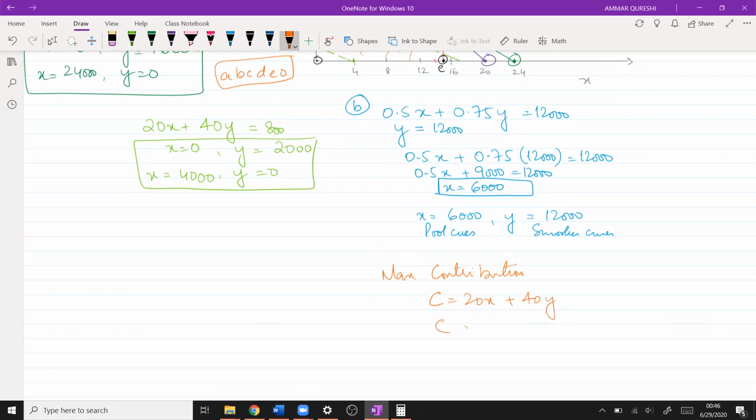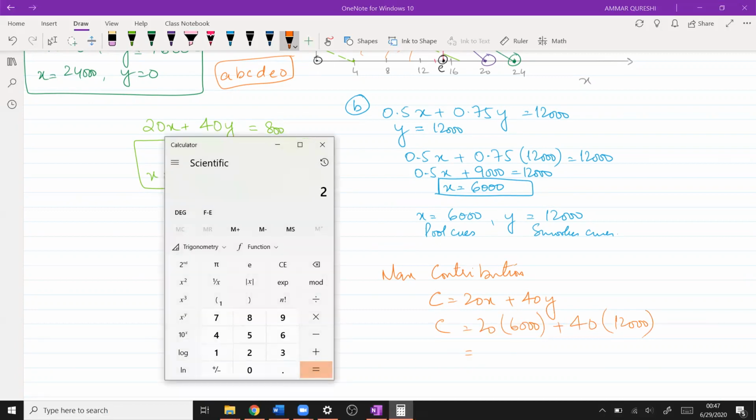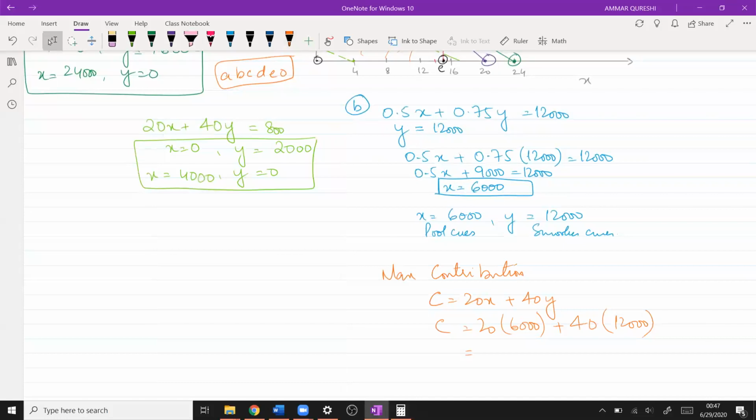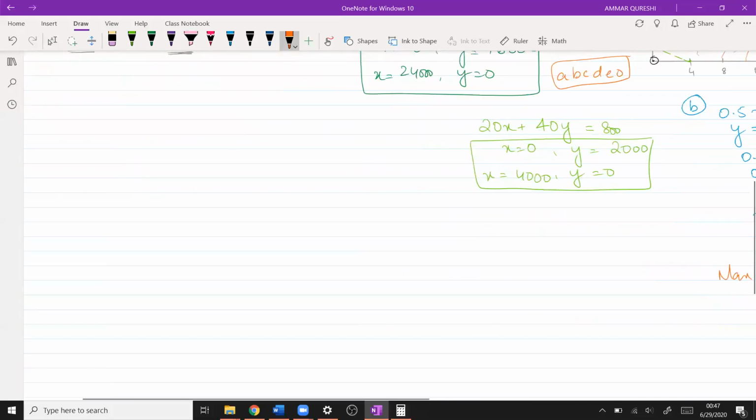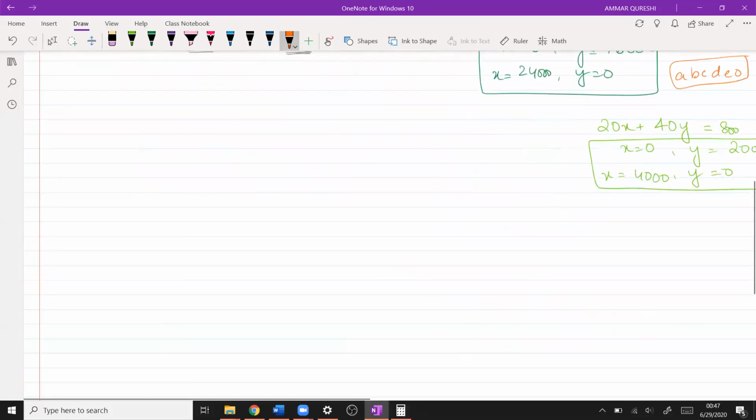You just need to plug in these values: 20 of 6,000 plus 40 of 12,000. 20 times 6,000 plus 12,000 times 40 gives 600,000. So the maximum contribution is $600,000, right? This is the easier part. This is a very easy part.